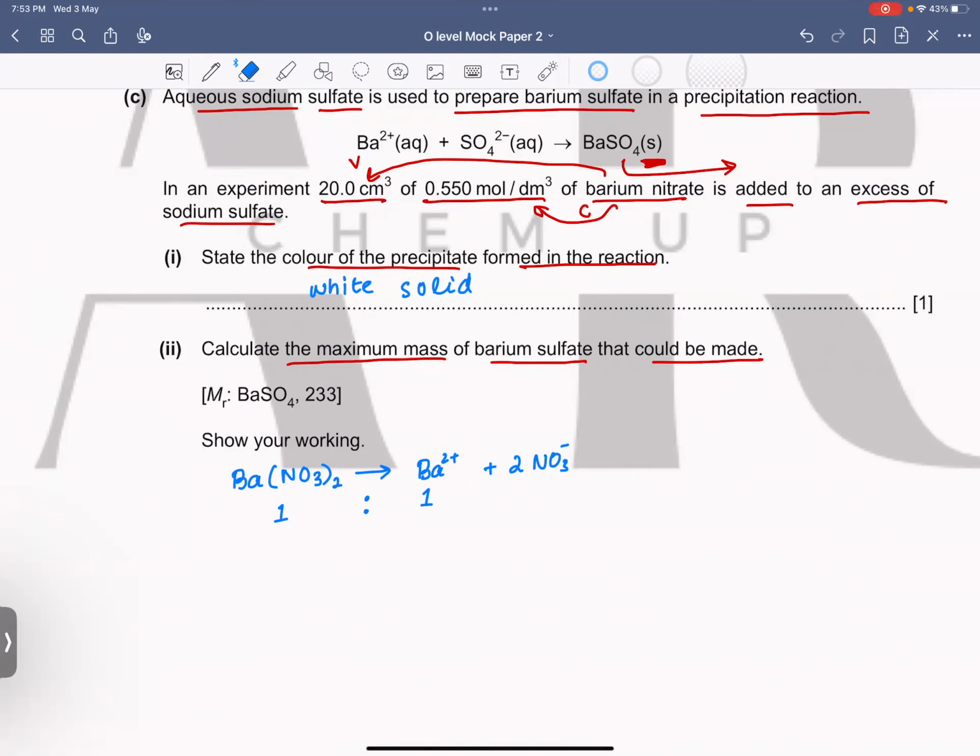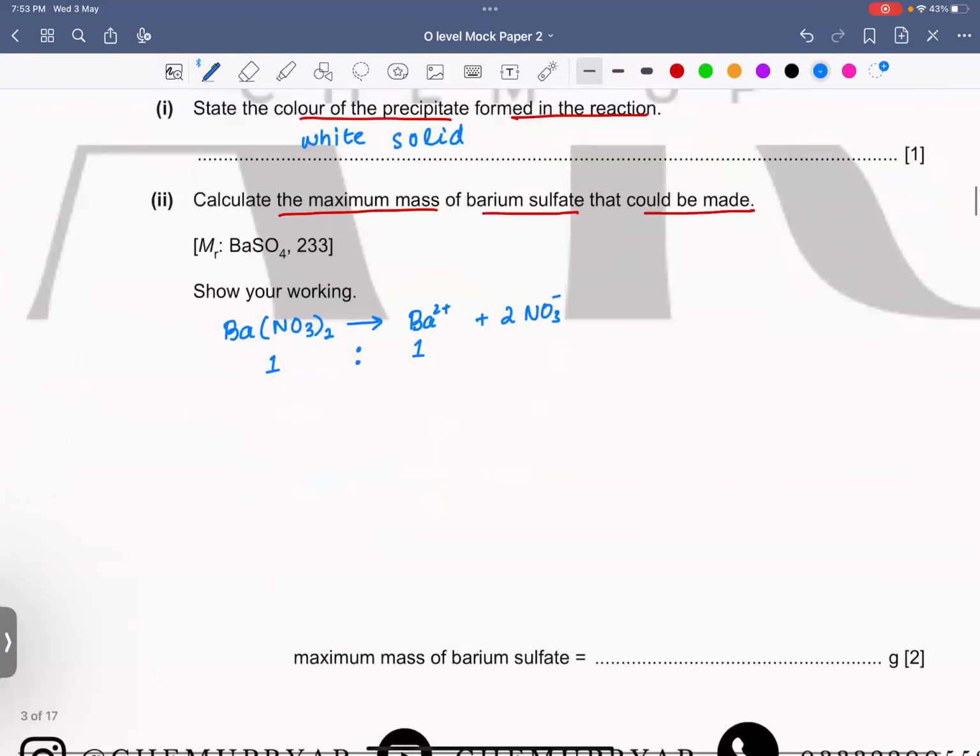So from this ratio, I can conclude that whatever the moles of barium nitrate I obtain is actually the moles of barium only, because the mole ratio between the barium nitrate and the barium is the same, right?